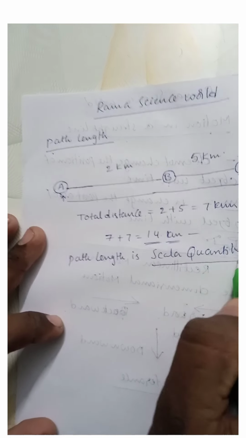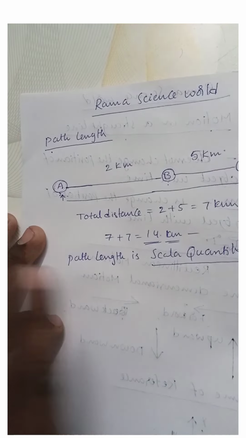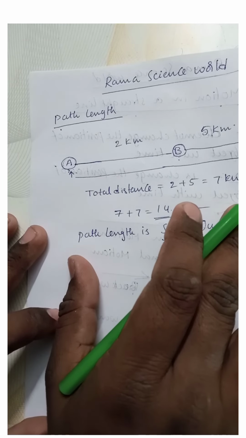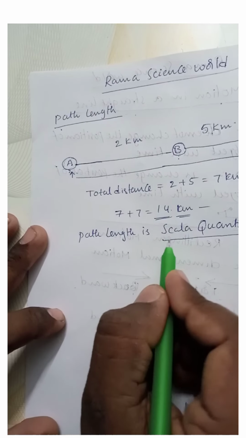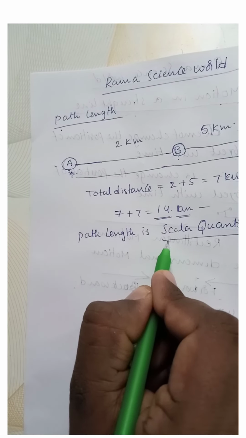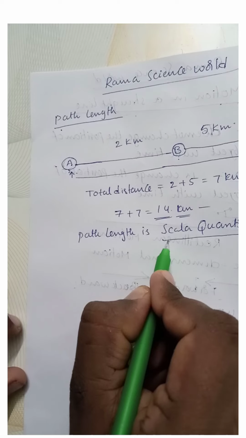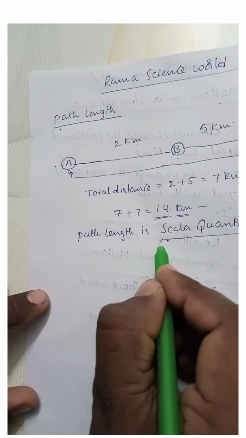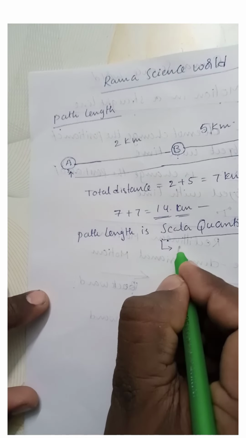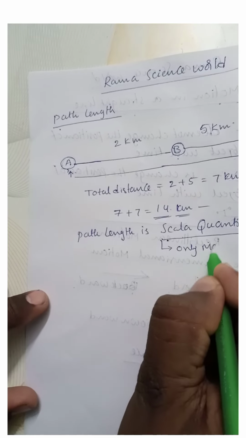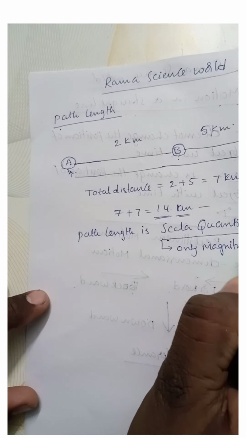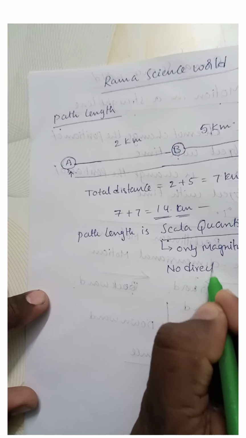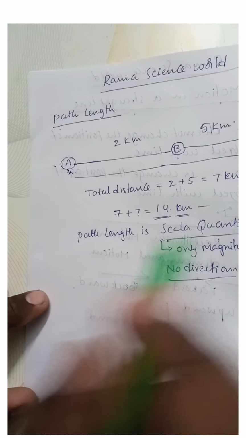Only the magnitude is mentioned, not any direction. A scalar quantity means a quantity that has only magnitude and no direction.